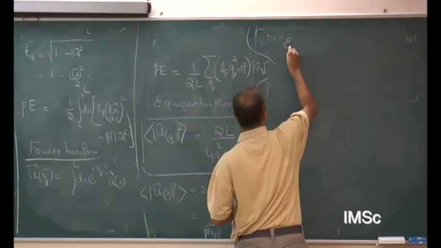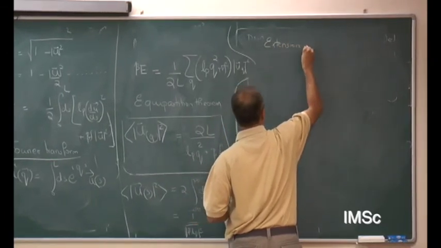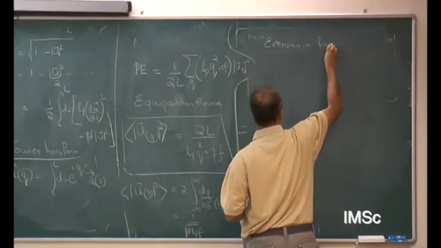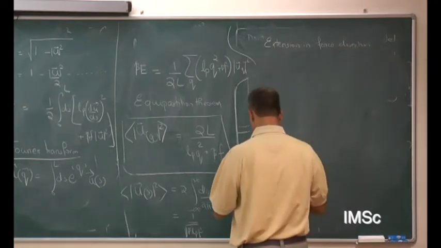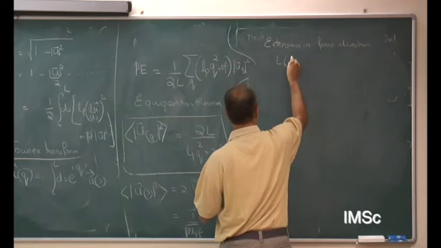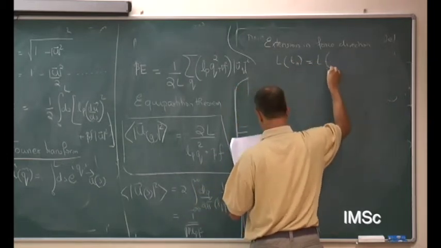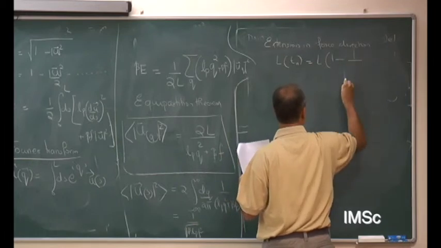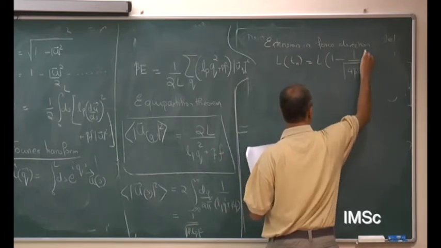The extension in the force direction, L parallel, is L times (1 minus 1 over the square root of 4 beta LP times F).